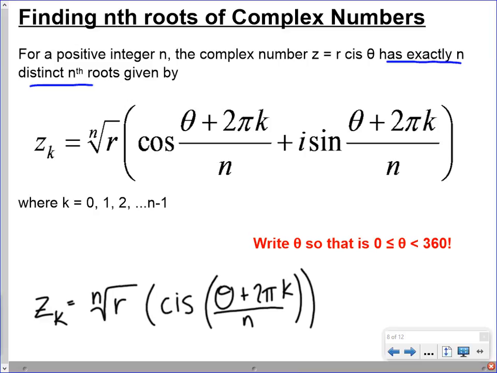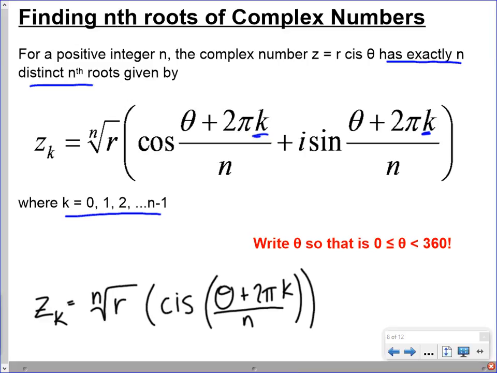There's a new value in this formula, and that's the k with the plus 2 pi. Think about all the times we've added and subtracted 2 pi, we're finding coterminal angles. And if we multiply that by k, we're just doing another revolution and another revolution. You only need to go from k equals 0 all the way to n minus 1.